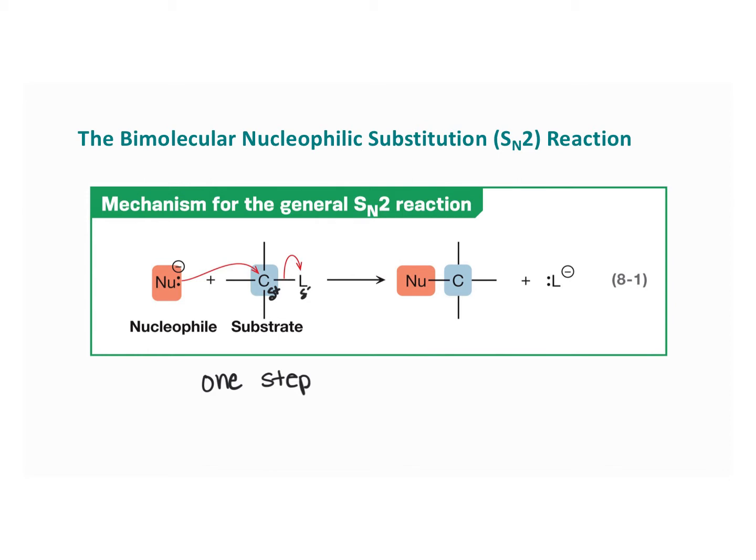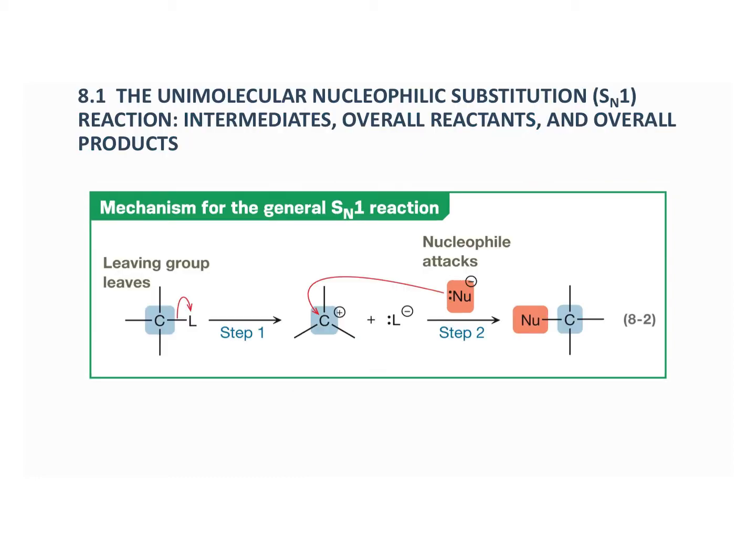We can also have a nucleophilic substitution reaction that takes place in 2 steps. This is what we call an SN1 reaction. It's unimolecular, so that means there's only one reactant for the first step, but it is a 2-step reaction.